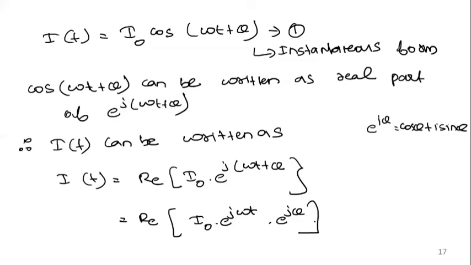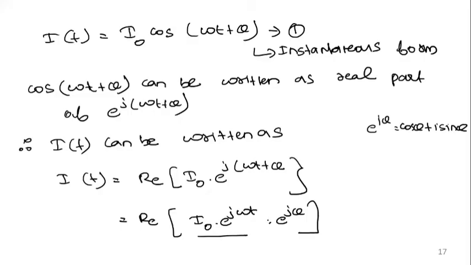So the steps are very clear. Here you can see the complex term I naught e raised to j omega t, as well as I naught e raised to j theta. You can combine them together, but there are two terms.